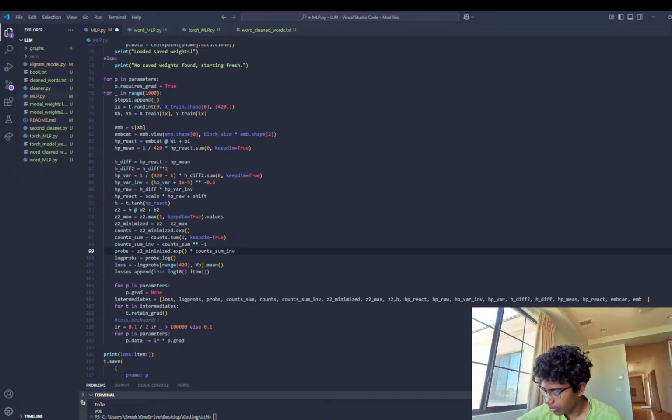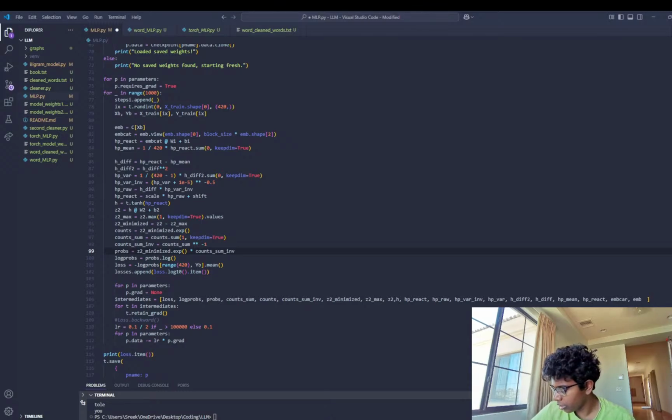And then the problem is you're also taking the mean, which means you're summing over examples.